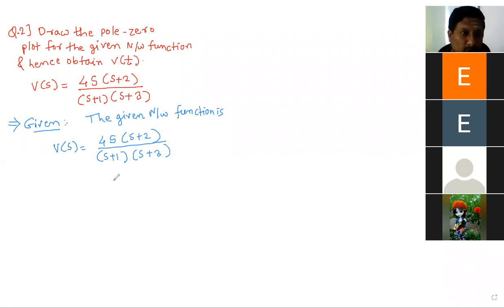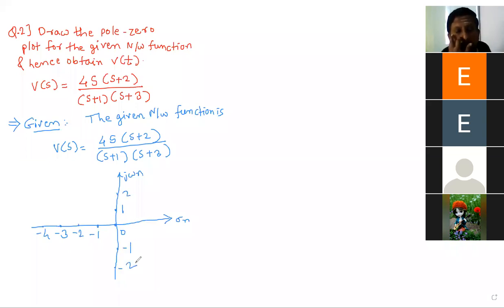So we can plot the poles and zeros. Sigma n, j omega n. This is 0, minus 1, minus 2, minus 3, minus 4, plus 1, plus 2.